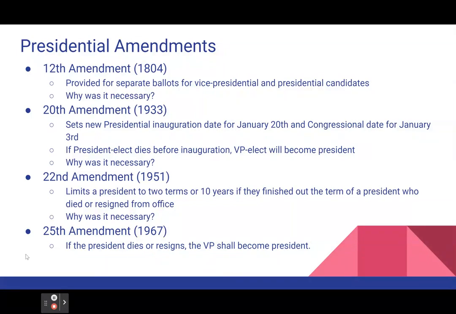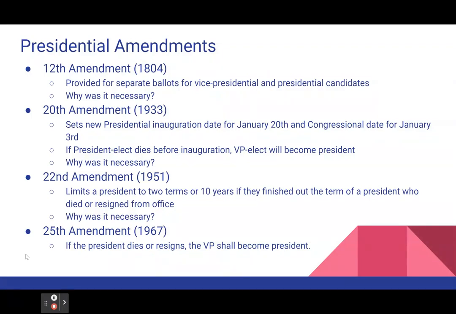But the cloud that somehow hung over them was that they were temporary, right? So this is the provision that makes it clear that no, there are no other conditions, there are no questions, no doubts about it.